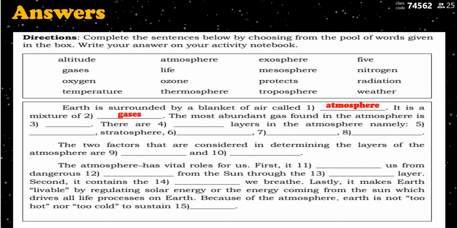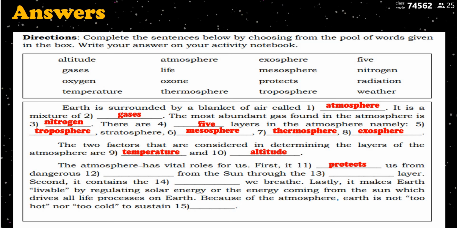The most abundant gas found in atmosphere is nitrogen, and there are 5 layers in the atmosphere, namely troposphere, stratosphere, mesosphere, thermosphere, and exosphere. The 2 factors that are considered in determining the layers of the atmosphere are the temperature and the altitude. The atmosphere has vital roles for us. First, it protects us from dangerous radiation from the sun through the ozone layer.